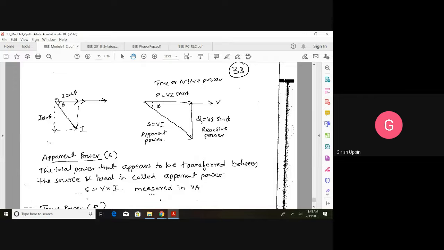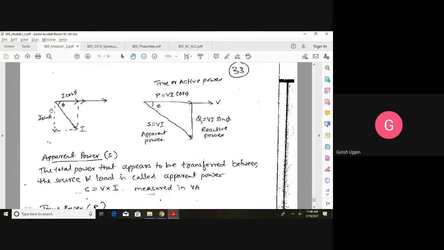If I multiply the voltage V here, this component is VI cos phi, and this component, you just assume you slide it to this point, is VI sin phi. I'm multiplying the voltage V to all.